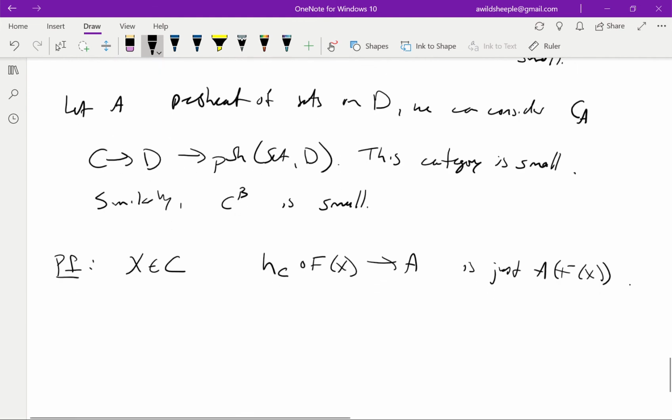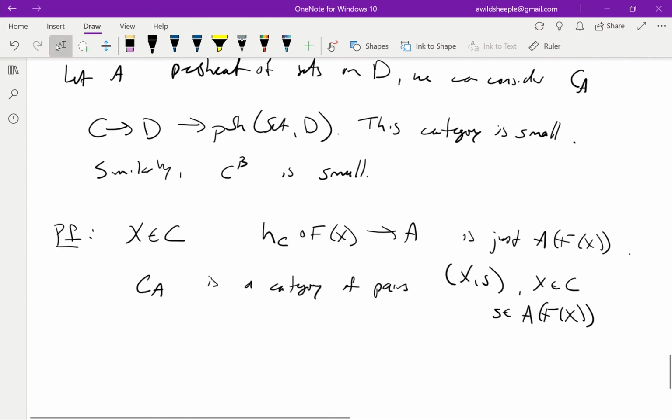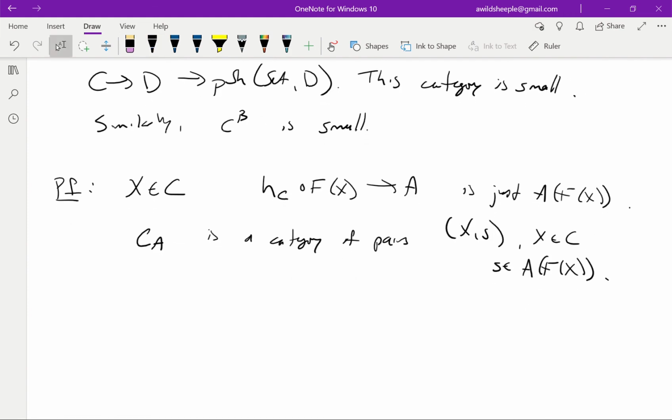But what that means is C lower A can be regarded as a category of pairs, where the pairs consist of the data x and s, x an object of C, and s in here. But now C is small, so we can just take the disjoint union of all of the A of f of x's and obtain a set.